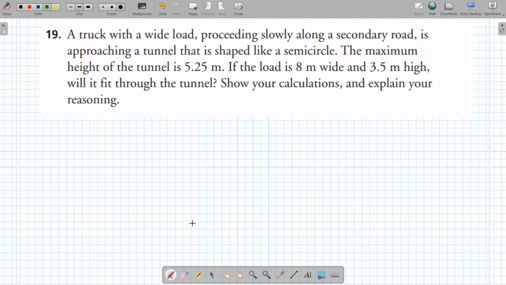So there's a tunnel that looks like a semicircle, which means half a circle. It has a height of 5.25 meters. If the load is 8 meters wide and 3.5 meters high, will it fit through the tunnel? What do you think?